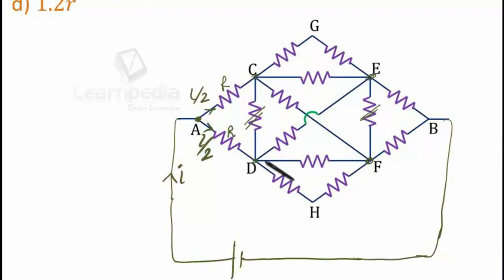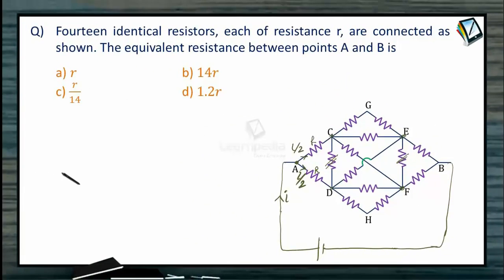Now let me show you how to redraw this circuit. First, let's make the points. Here is a point A, and somewhere here is another point B. We have to find the equivalent resistance between A and B. Points C and D are identical in potential, so we put these 2 points at the same location, and whatever is connected between them will go waste.